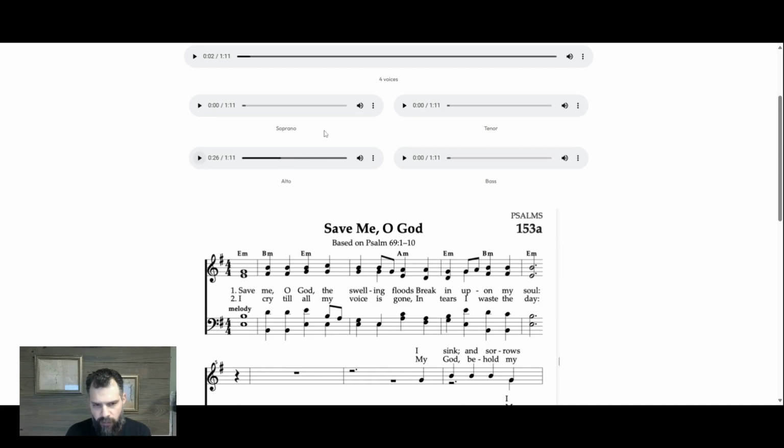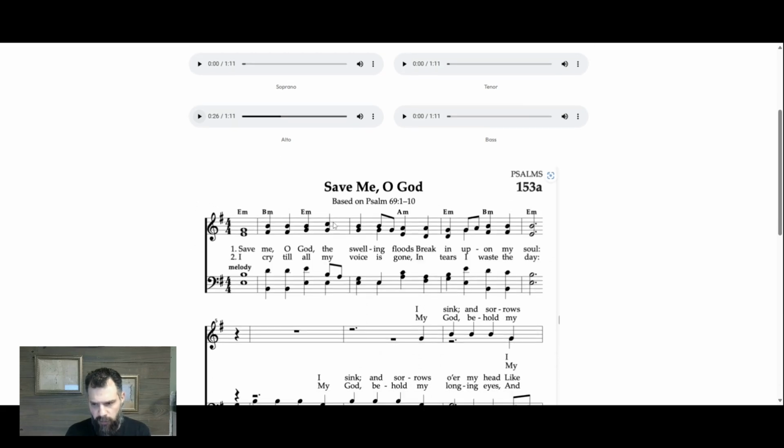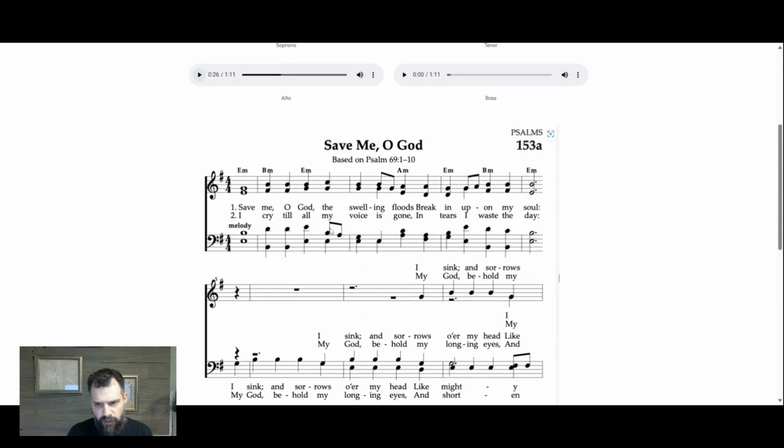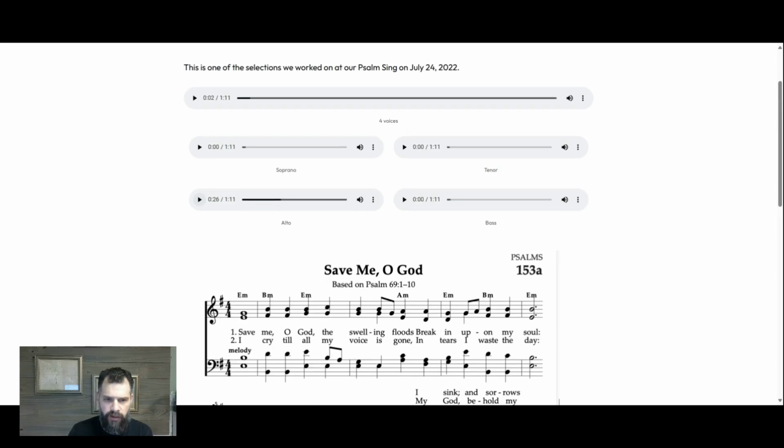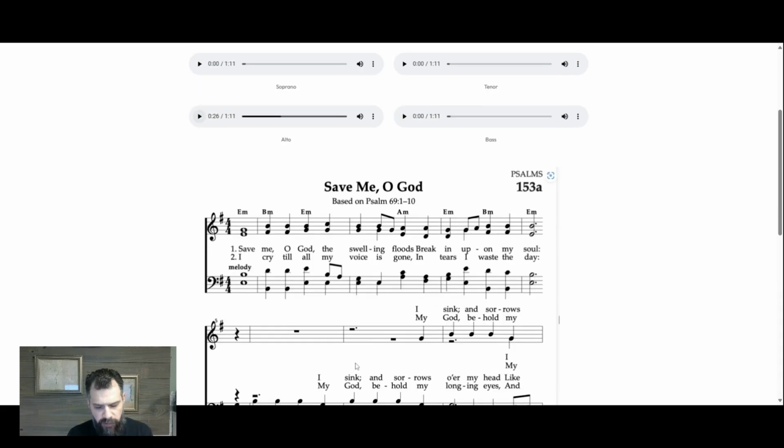That part, whatever part you learn, is going to be the melody for you, okay? Whenever you sing Psalm 69, you're going to sing your part. You're going to sing the alto if you're a lady with a lower voice. And that's going to be the melody you associate with this. There's no harm in learning the other parts, and you could learn the actual melody, which would be the tenor line.